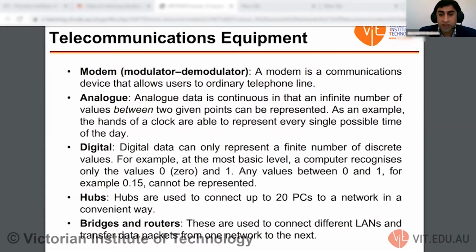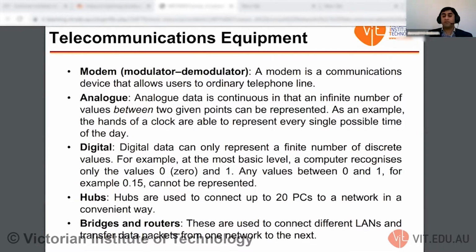What do we basically mean by modulation and demodulation, and why does it have to be done? We all know that with the modem, we are connecting to the internet. But in the background, what is the modem actually doing? What's its job?